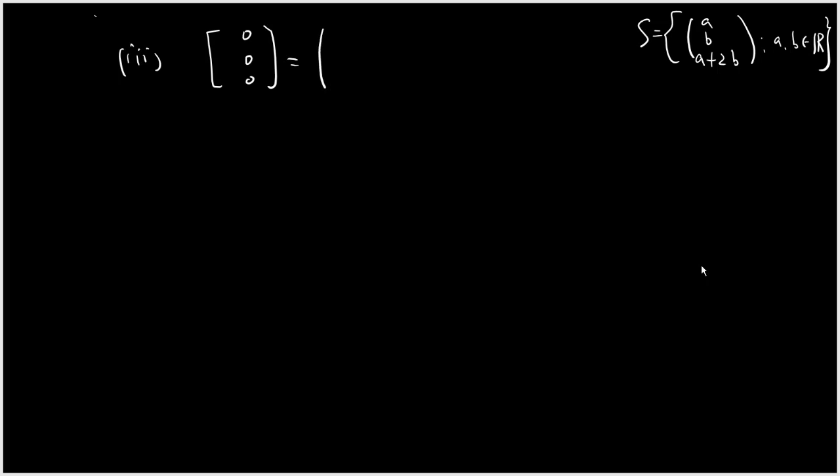To say that's a vector in S, you write the third component in the following form: the first component 0 plus 2 times the second component 0. You see 0 plus 2 times 0 is equal to 0, so the equation is valid. From there, we can say the zero vector is indeed in S.